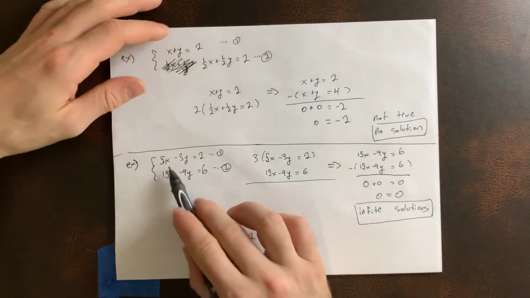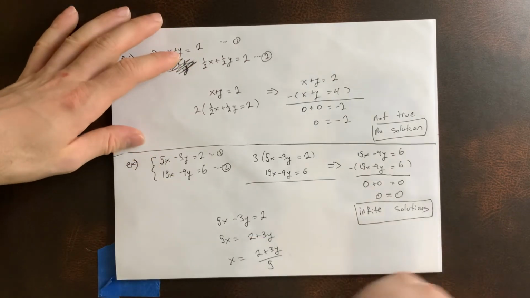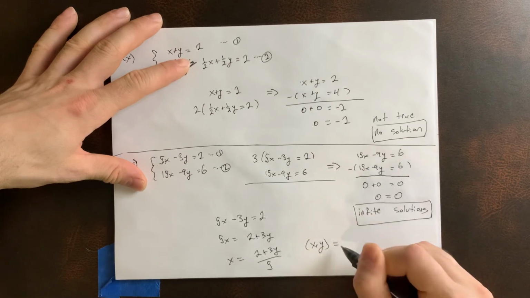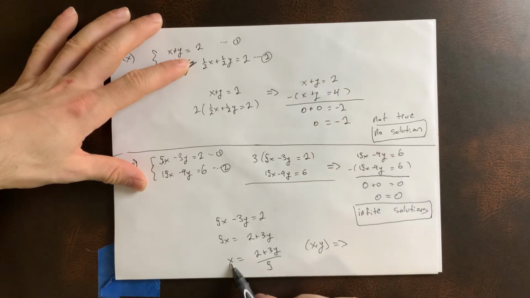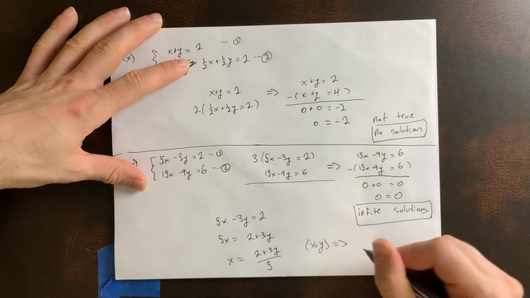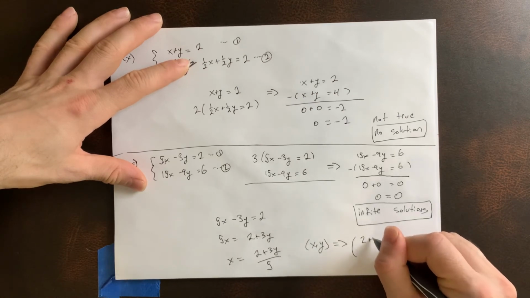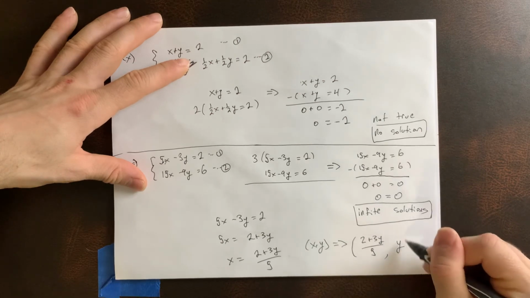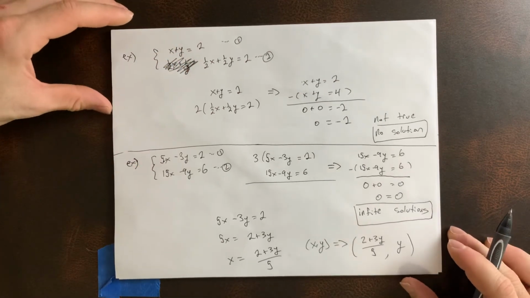Notice that our answer is x, y, and so we can write our answer like an ordered pair, like an x comma y. So in this situation, our x is going to be this, 2 plus 3y over 5. And then our y can be whatever it wants to be. And this is always going to be the situation.